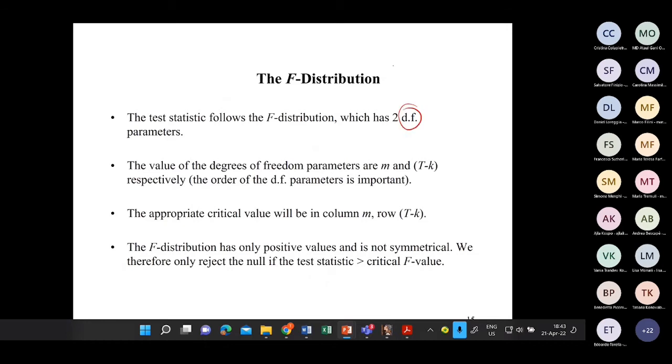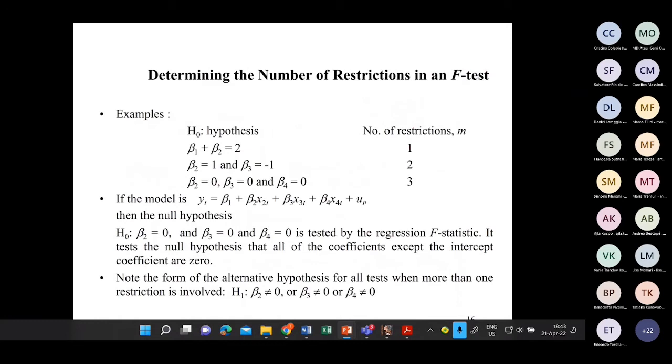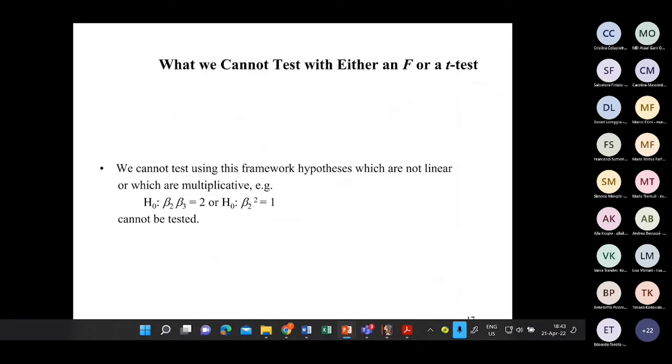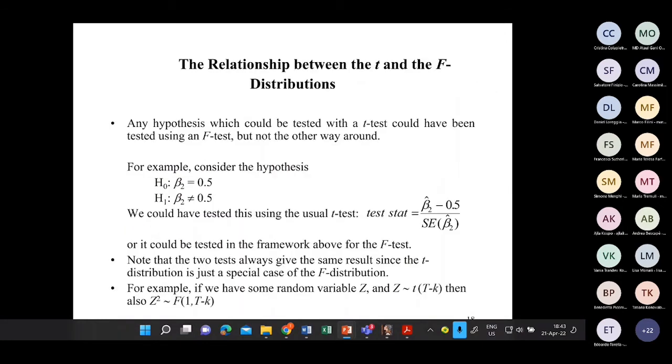The F distribution is similar to the t distribution, whereas the chi-square distribution is similar to the normal distribution. We use the F test when we have relatively less data, and the chi-square when we have a lot of observations.